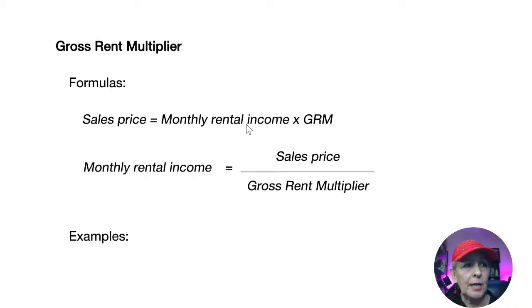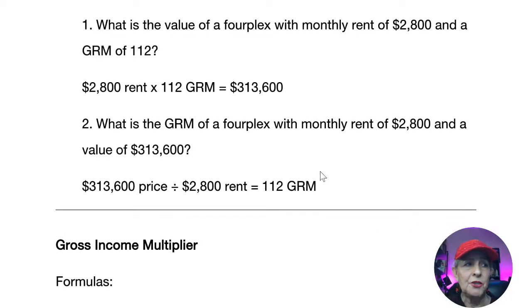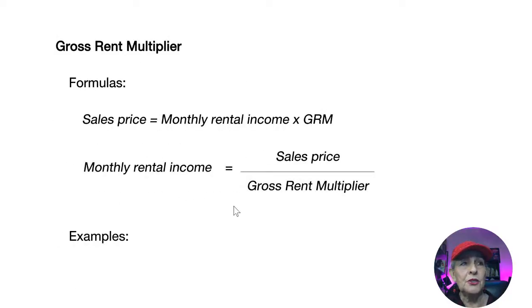You bring the gross rent multiplier to the other side of the equation, so you have sales price divided by GRM, or sales price divided by monthly rent.